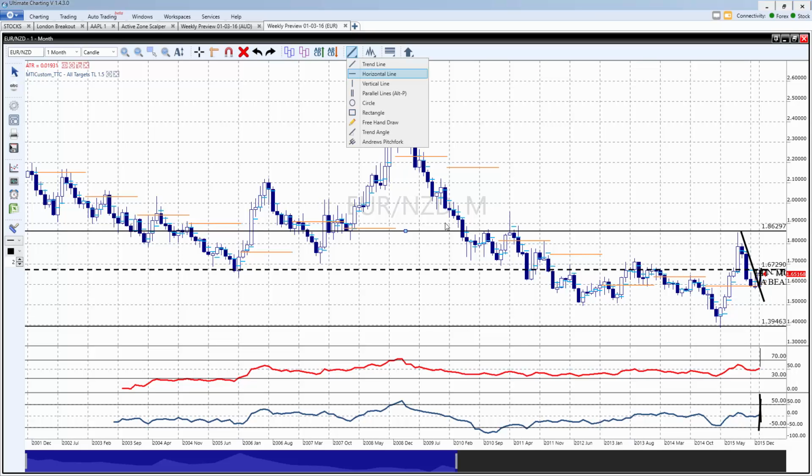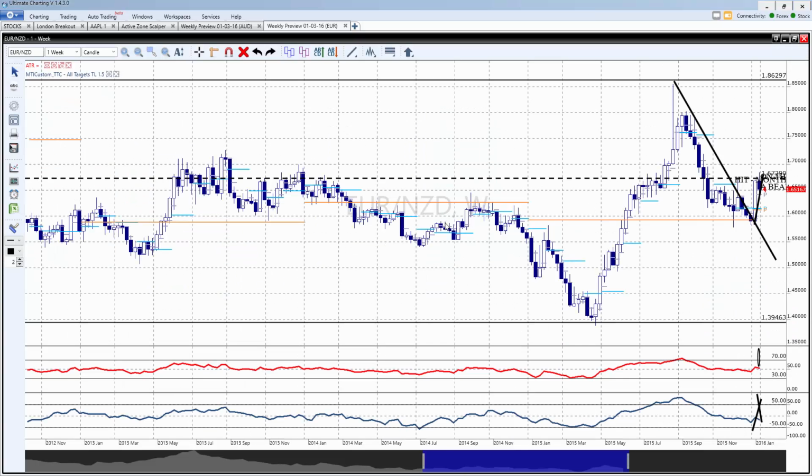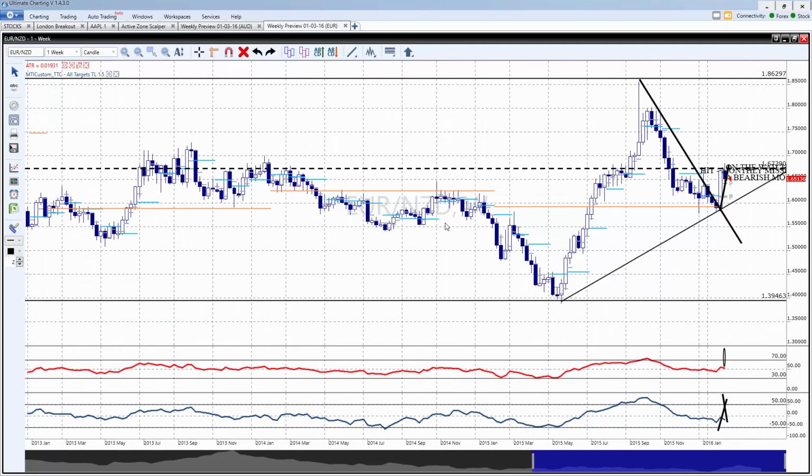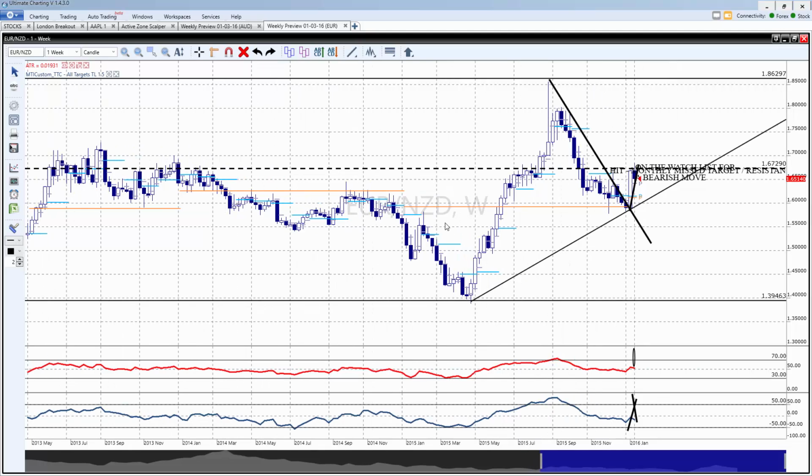You don't want to draw a trend line on a monthly chart. Let's go down to weekly. All right, on the weekly chart you can draw a trend line. Support and resistance are about the same.